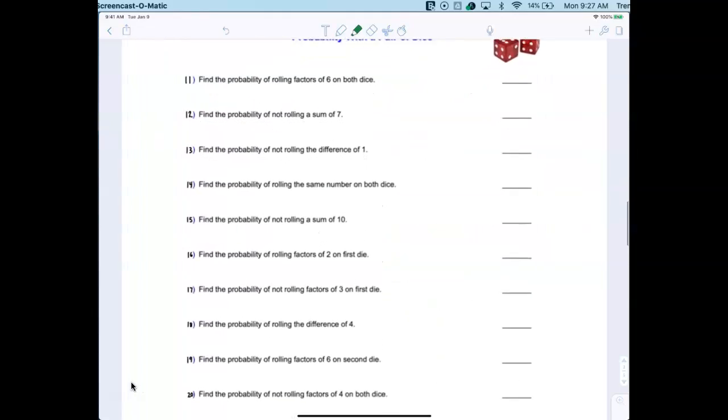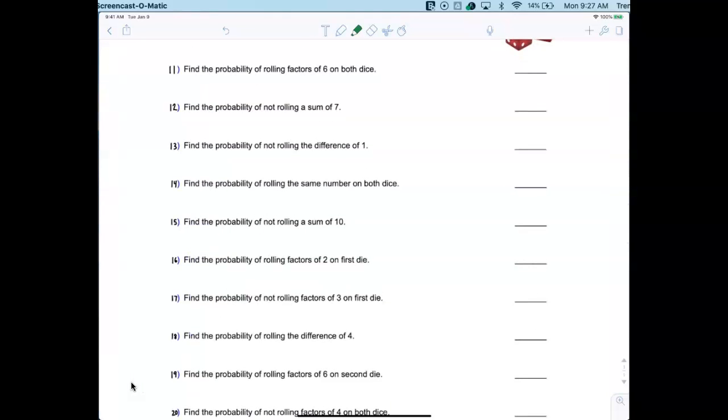So let's look at this one. Find the probability of rolling factors of 6 on both dice. So this is kind of annoying. What are the factors of 6?